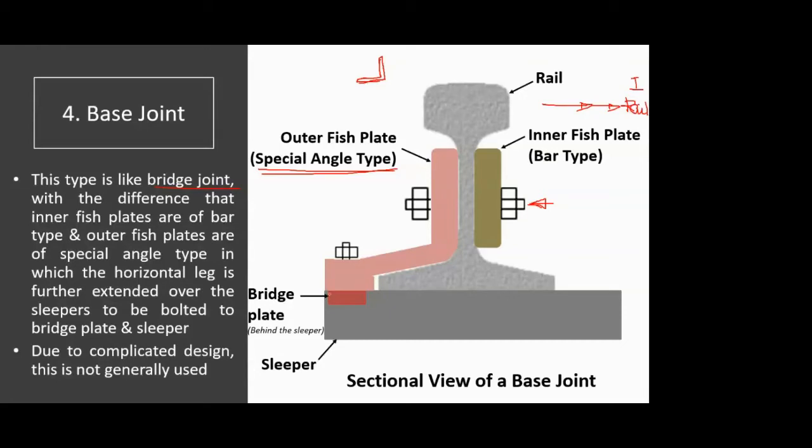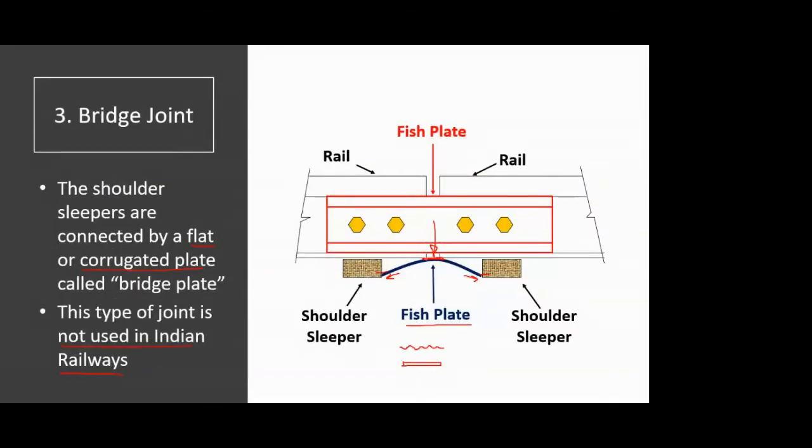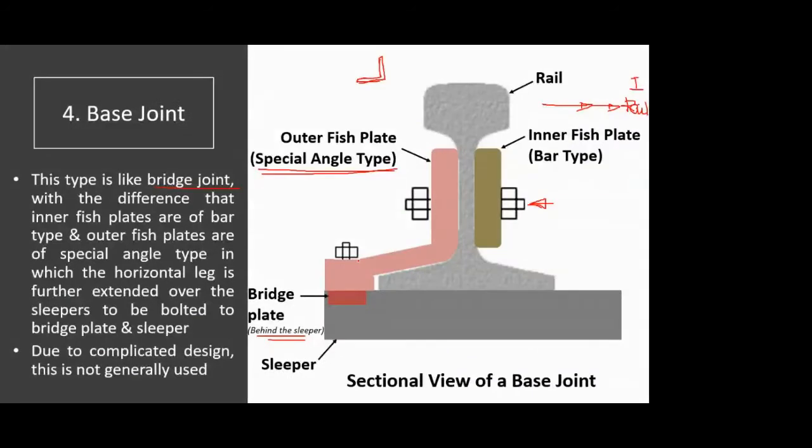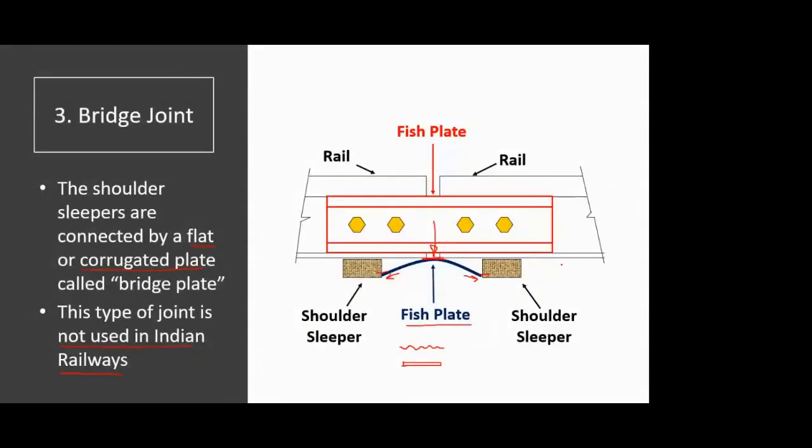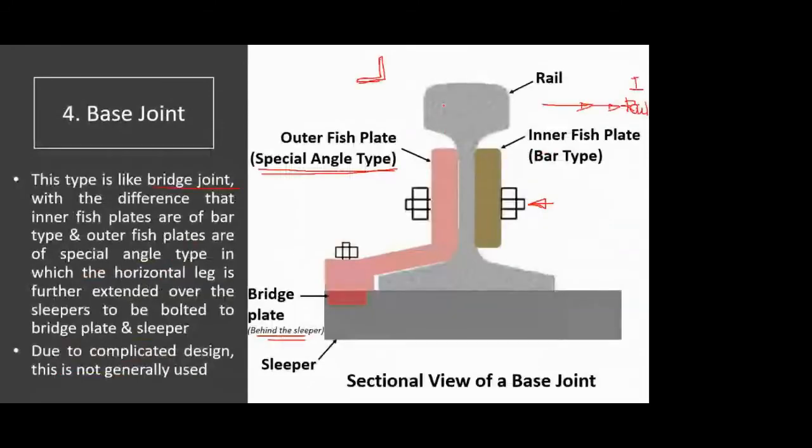Now the bridge plate, which I have shown here in red, is behind the sleeper. Because the diagram you are seeing here is a schematic sectional view. If I make a cut from here and look in this direction, that's the section you are looking at.